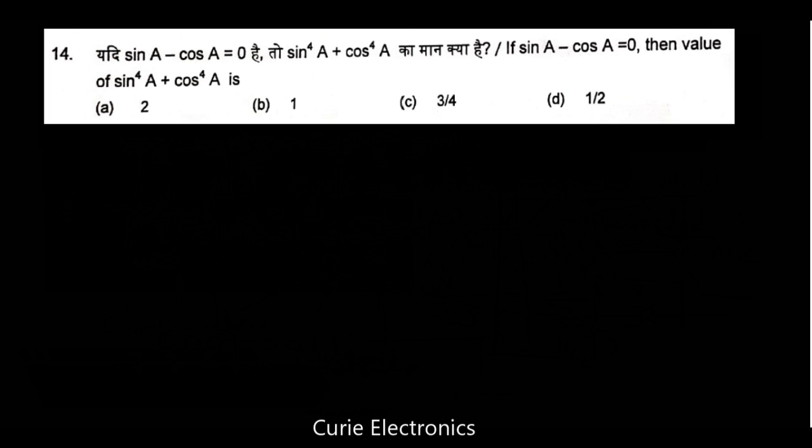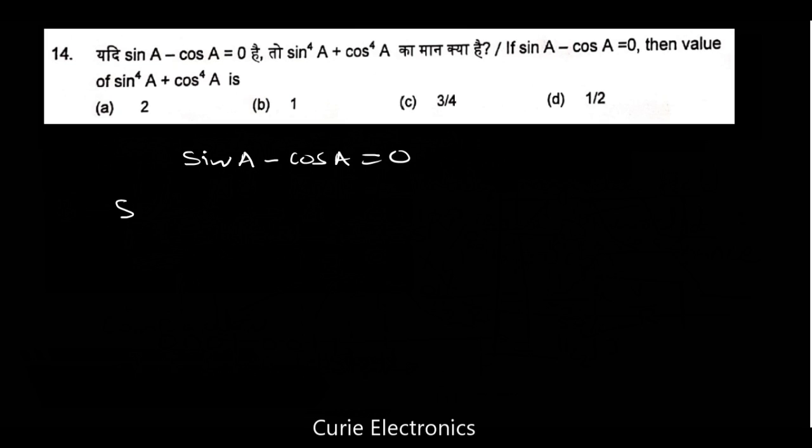Question number 14. He has given sine A minus cos A equal to 0. Sine to the power 4A plus cos to the power 4A we have to find.